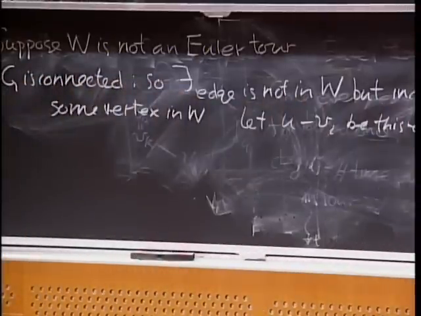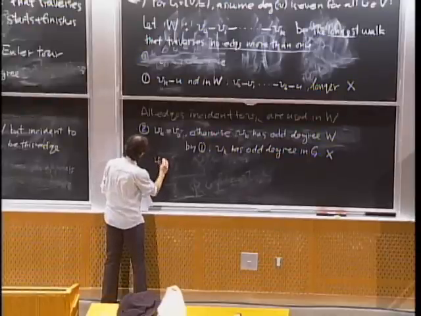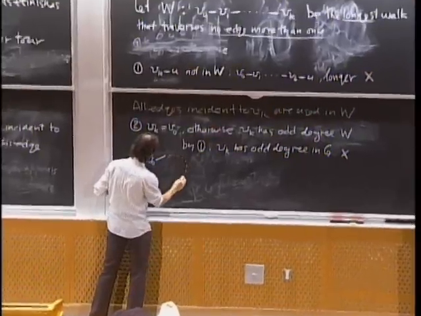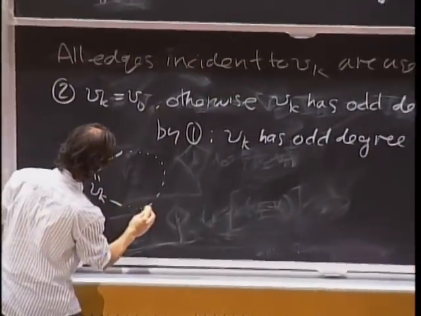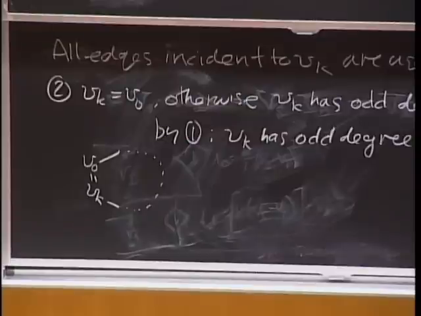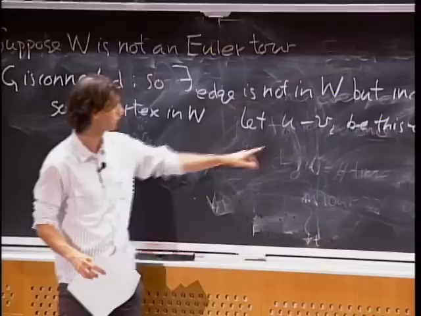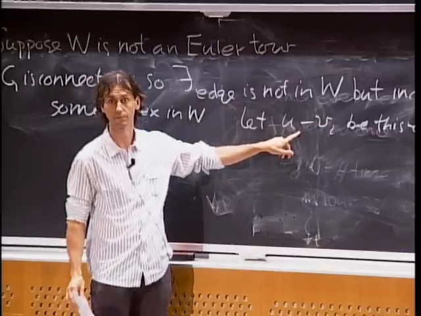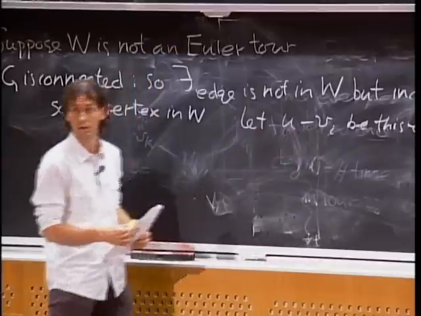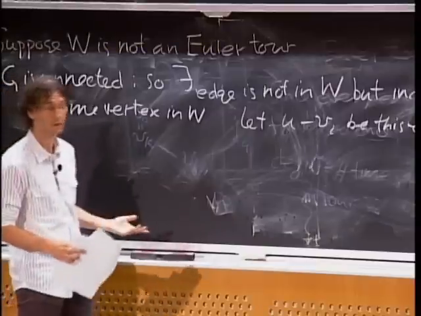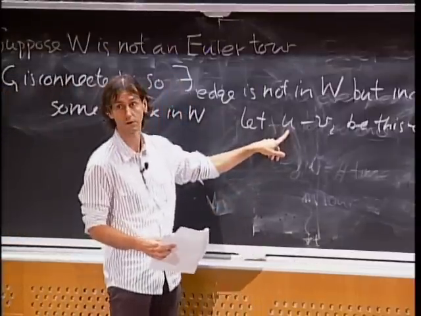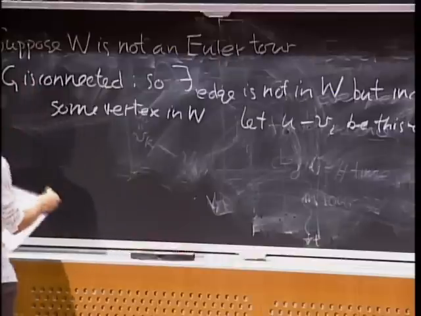Now notice that we did prove that V0 goes all around to Vk and so on. So can we find a longer walk that uses this extra edge? Any ideas? What would happen if we, for example, would start a walk with U? Let's see how that would work out.